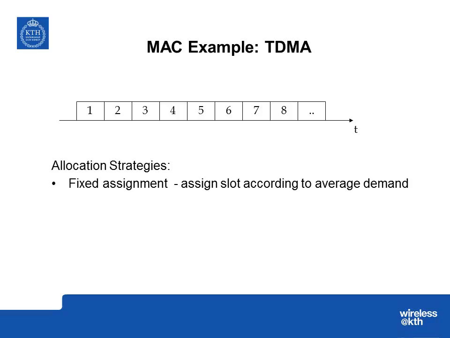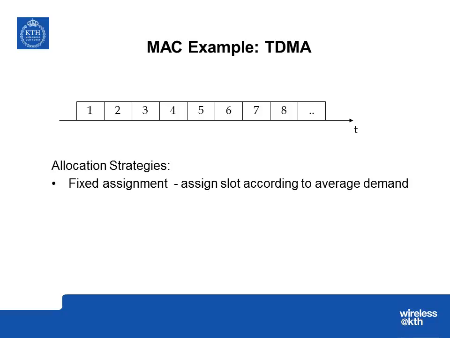So in this example, there are 8 slots, and if you have 8 transmitters, each transmitter gets 1 slot, and the transmitter can only transmit its data in its slot. And if there are lots of packets being transmitted, this is usually a quite efficient strategy because all slots will be full.